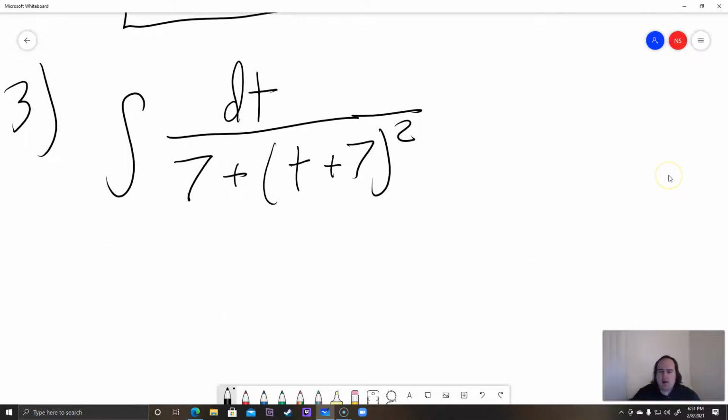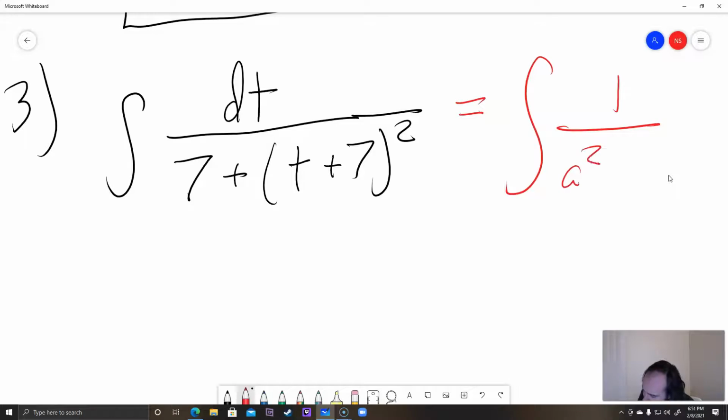So here, remember our goal is we want to have it in the form, the integral of 1 over a squared plus u squared du. That's what we want. Okay, so here we can see that a squared is going to be 7, and then u squared is going to be t plus 7 squared.